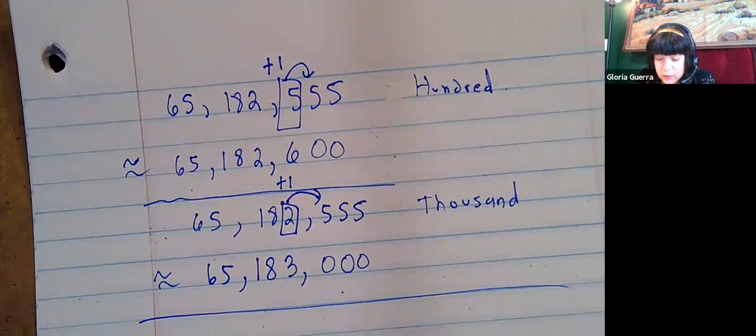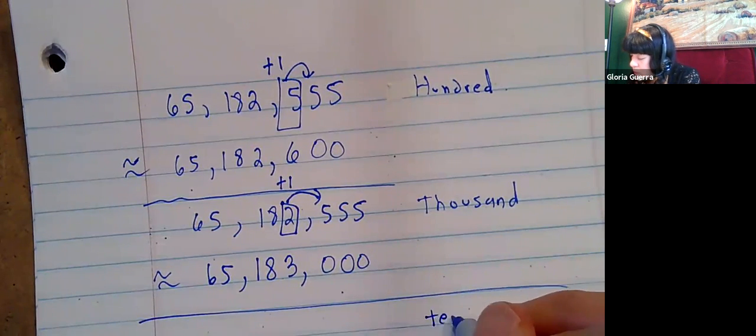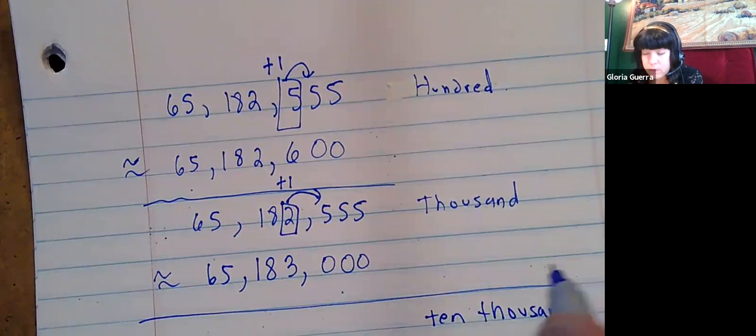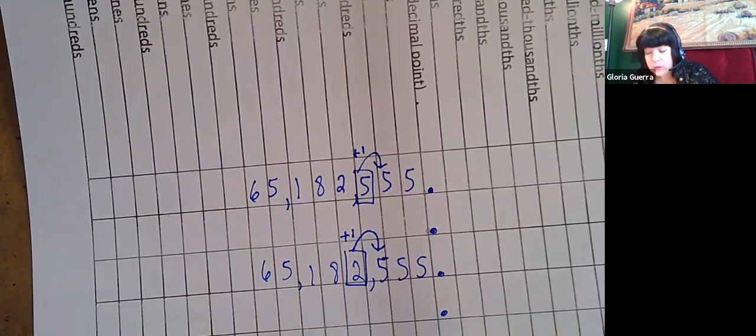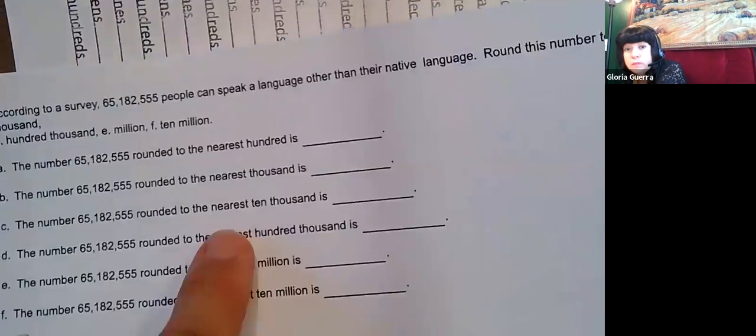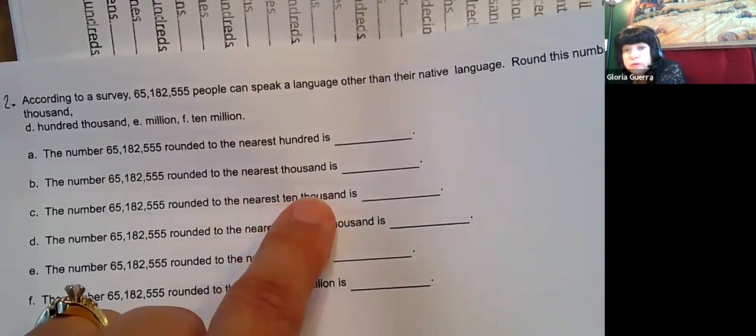Okay, then we're rounding to the nearest 10,000s. So I go back to this and I skip a space. And you can see here, there's 10,000s, okay?